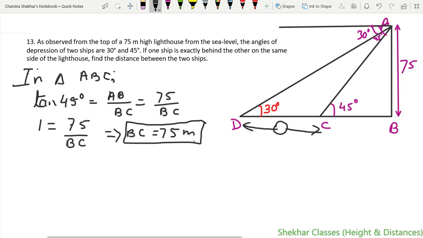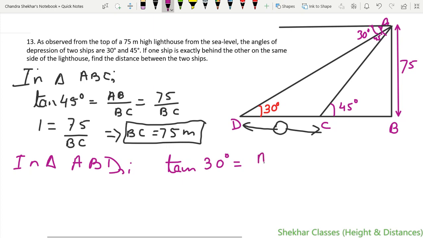Now we'll calculate DB. To calculate DB, we need another triangle which is ABD. So right here in triangle ABD, we have tan 30° is equal to AB upon DB. What is AB? 75. DB is supposed to be calculated here.